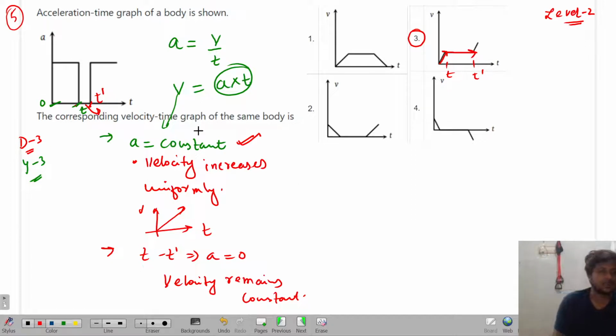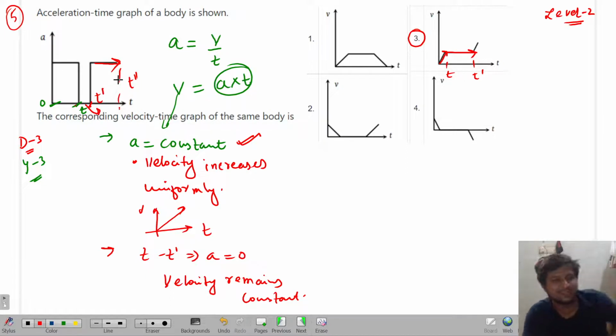After that, from t prime to t double prime, what is happening? Again there is a constant acceleration. Many people will think that from t to t prime acceleration becomes 0, and from t prime to t double prime acceleration again becomes positive, so it is a case of retardation, not of acceleration.